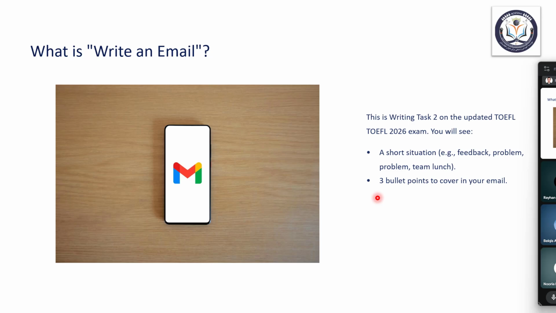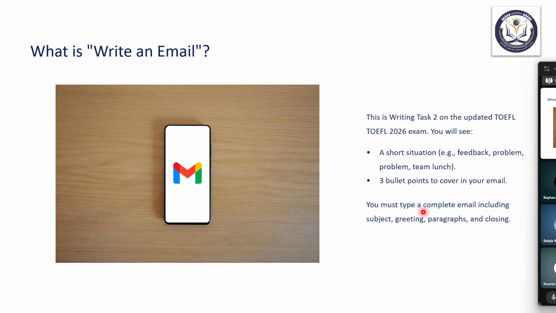So here, a short situation is given, then there are 3 bullet points that we need to cover in our email response. The next thing is, here we don't have any specific limitation in how many words we need to type. The task says that we can type as many words as possible, but in complete sentences, okay?